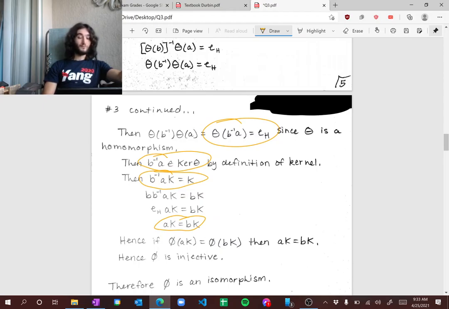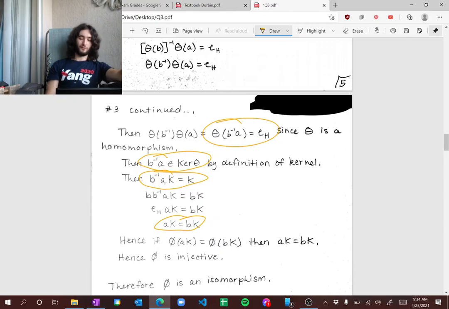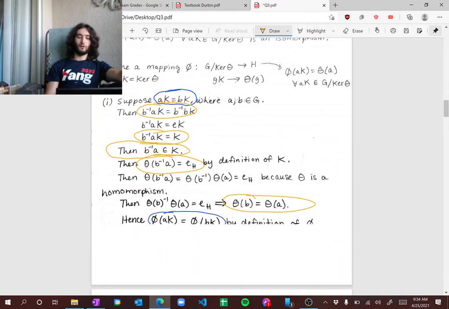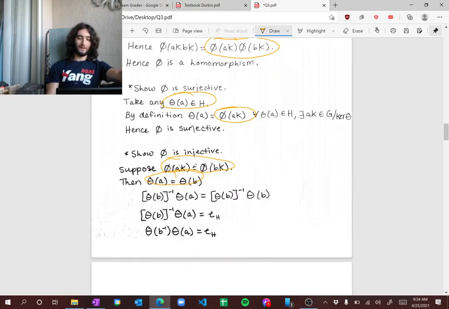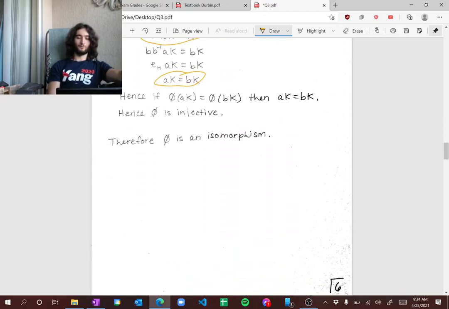So if you have two cosets that have the same image under phi, then they must actually be the same coset. So that's what it means for it to be injective. So this person just verified that it's well-defined, that it's a homomorphism, and that it's a bijection. Well then, boom, phi is an isomorphism.